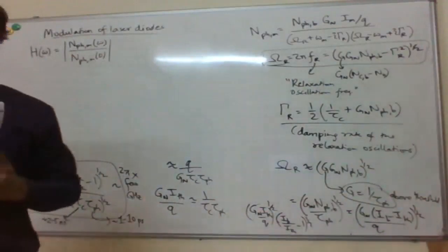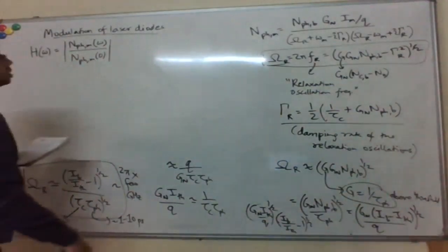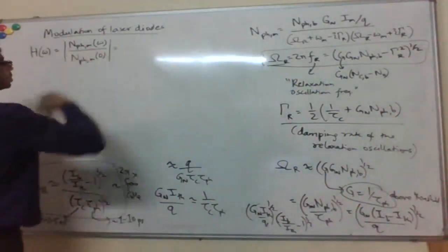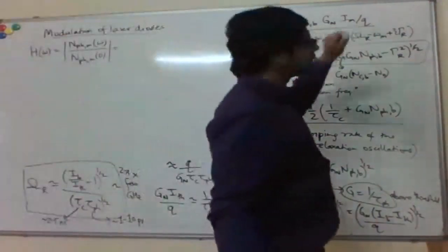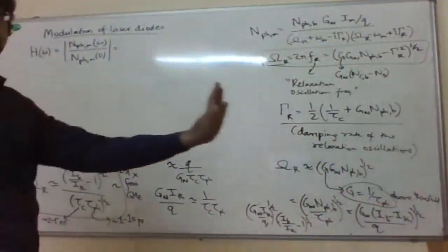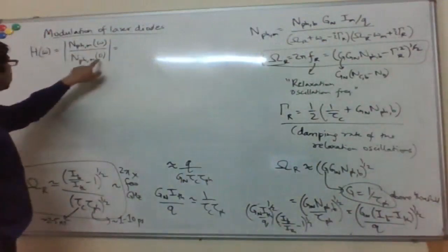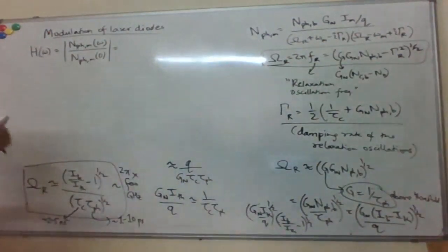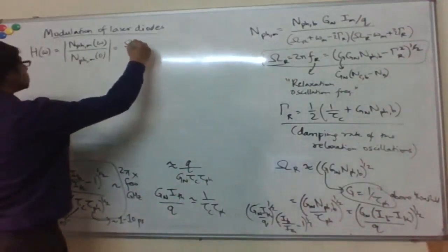term. Okay, for the same IM, of course, right? So basically, I'm just varying omega m, right? And so I put omega m equal to 0. So you get this.